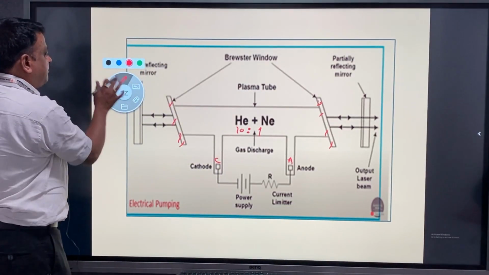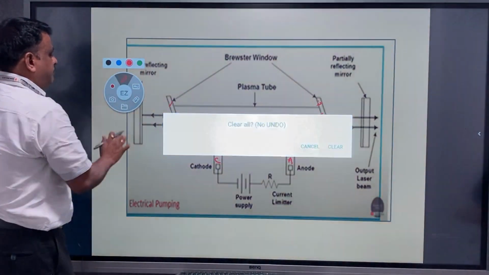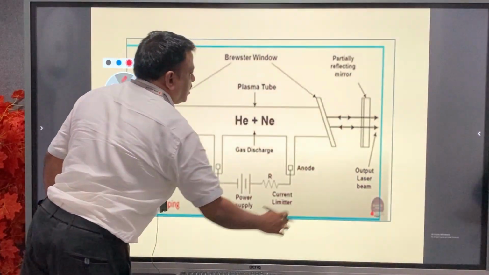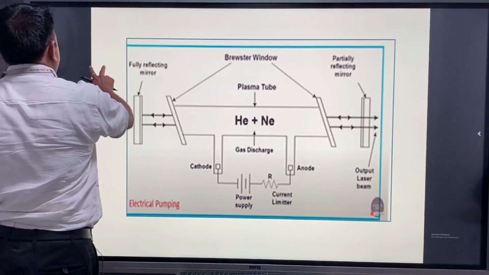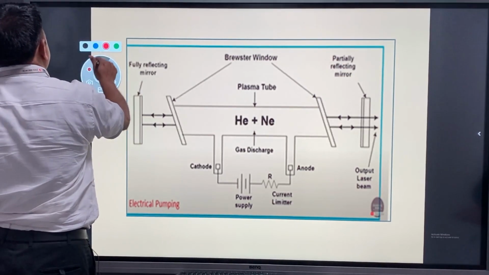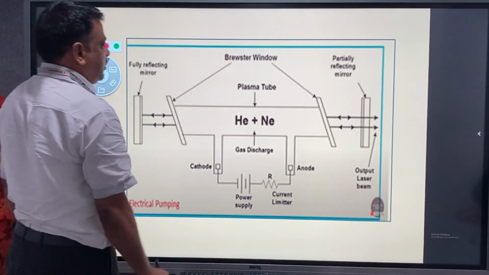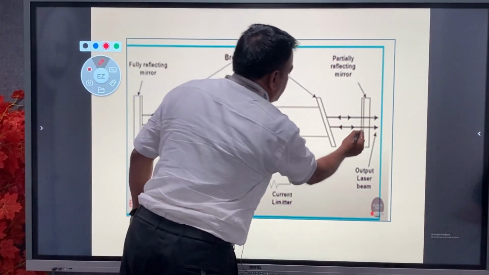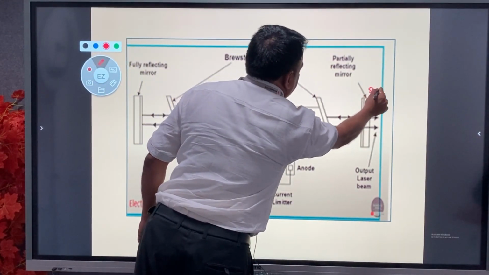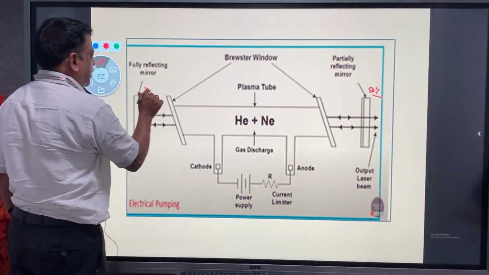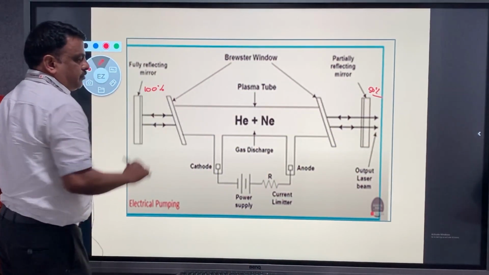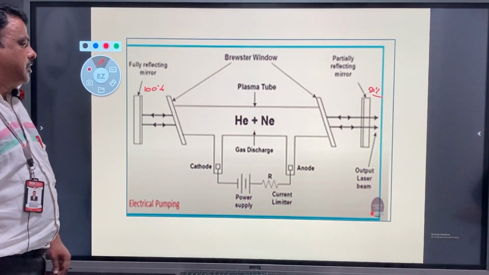One mirror is called the 100% reflecting mirror, and the other is the partially reflecting mirror, the 50% reflecting mirror. Both act as the optical resonator.